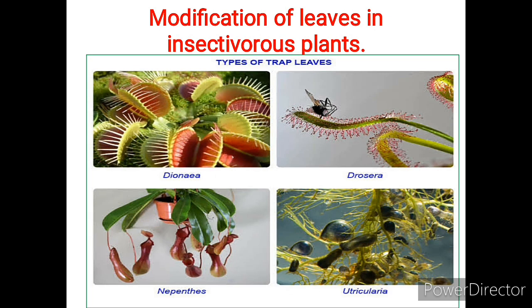Thus, they get their food by digesting insects caught in a trap formed by the modified leaves. So these plants can eat insects, right? In these types of plants, leaves are modified into bladder-like structures.